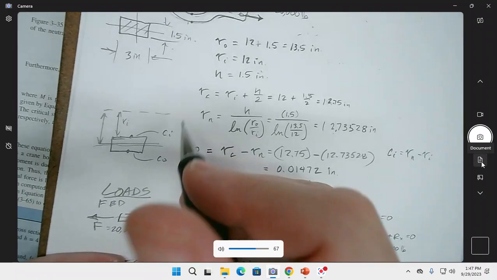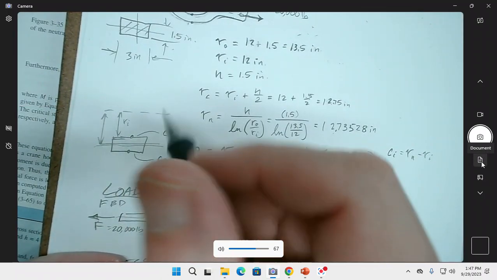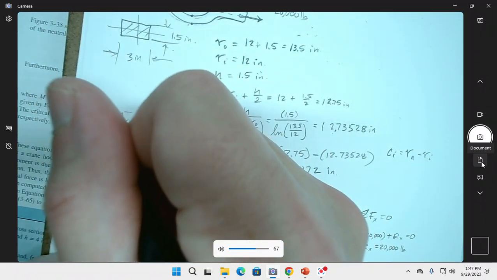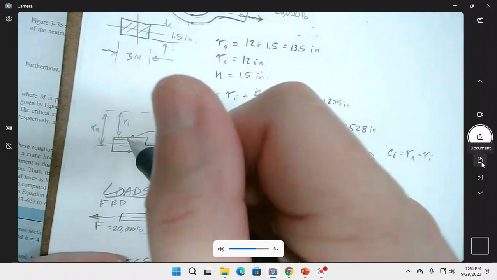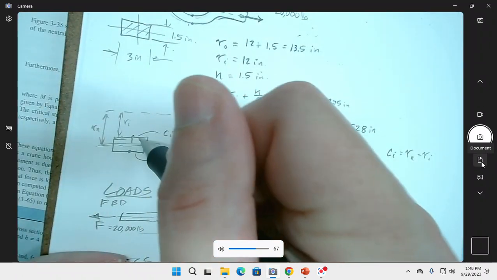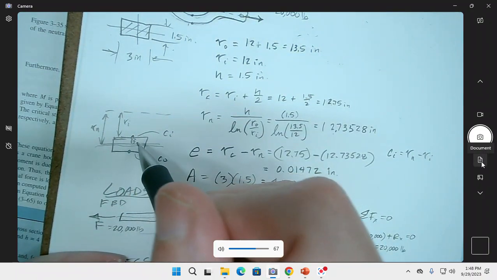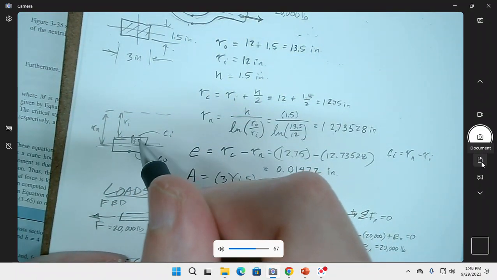Because we want the distance, one of these needs to be the RN, the neutral axis. So we want to get the distance from here to here. So maybe I should have drawn it right to there.